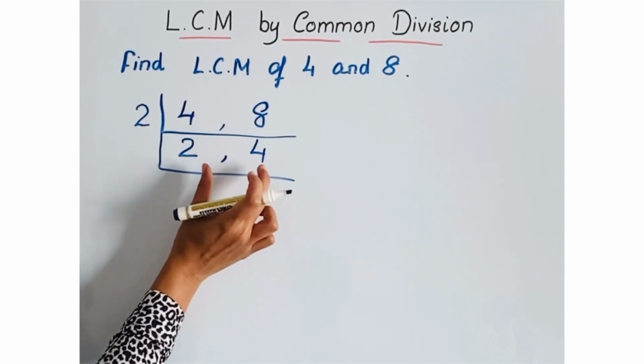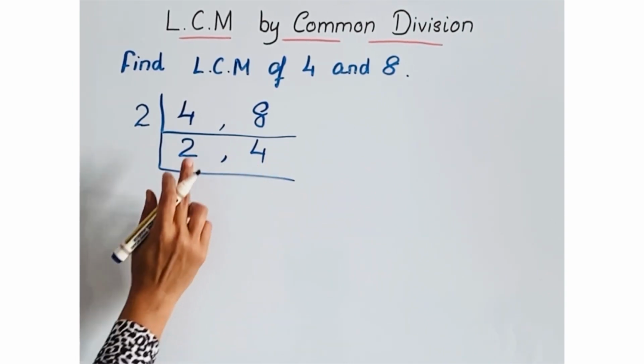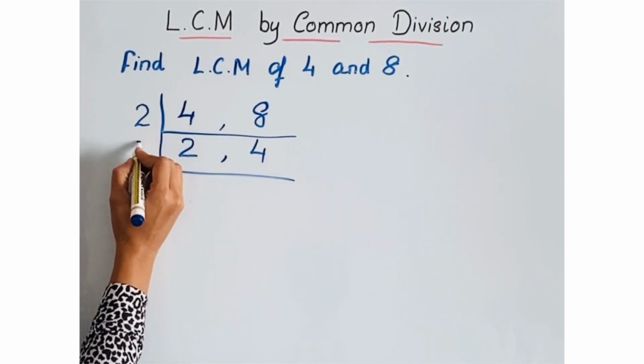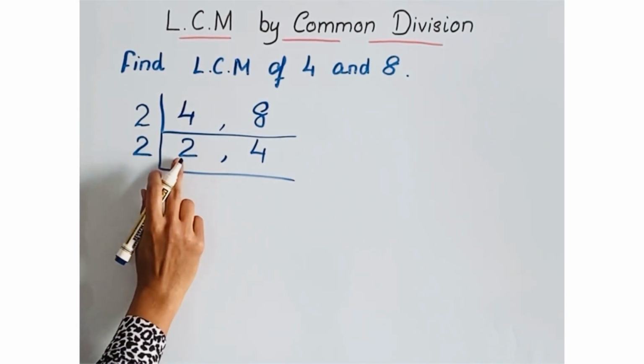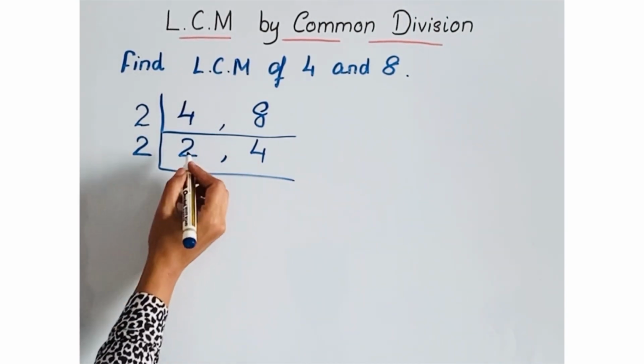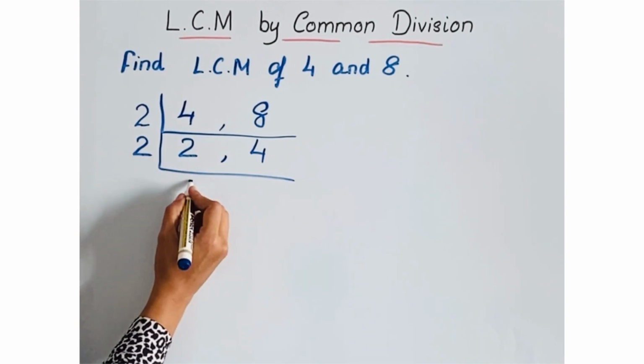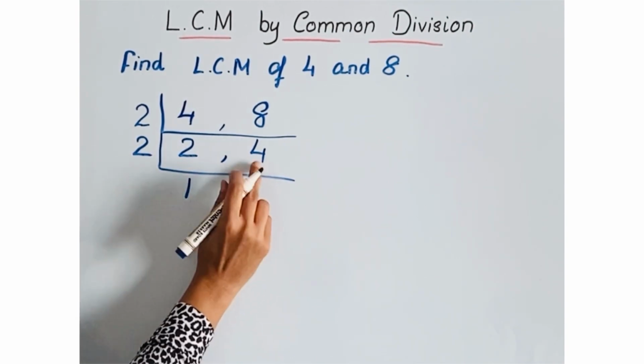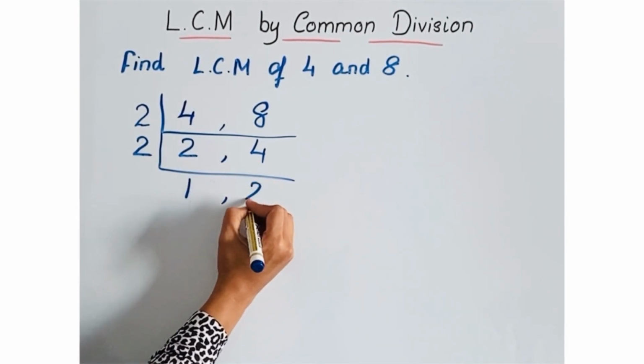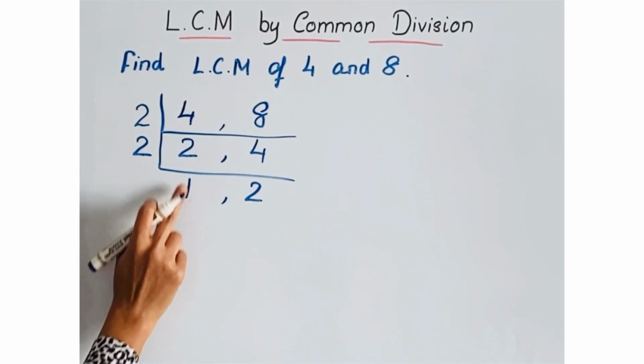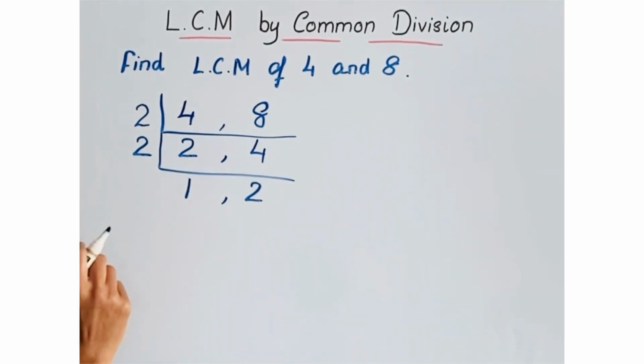As they are even, you can use the even number 2 to divide these two numbers. So 2 divided by 2, quotient 1. And 4 divided by 2, quotient will be 2.